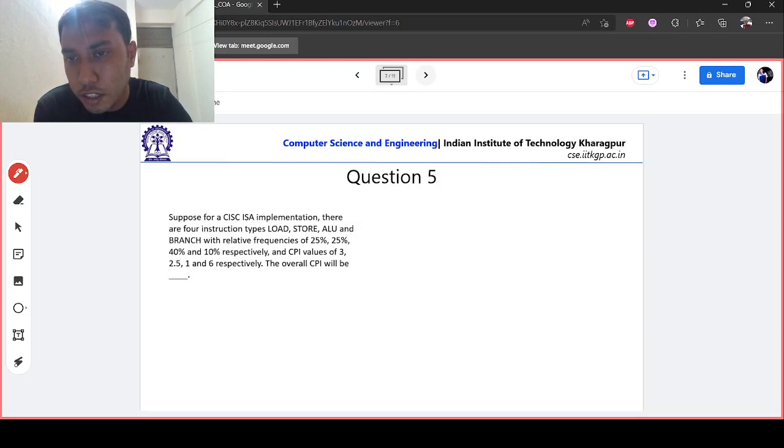There are four instructions: load, store, ALU, and branch, with relative frequencies of 25%, 25%, 40%, and 10%. The CPI are 3, 2.5, 1, and 6. So what is the overall CPI? We have a CISC ISA, and it has the following instructions.